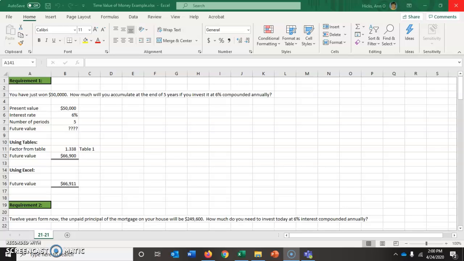What the concept of time value of money revolves around is the fact that your return is compounded, maybe annually, maybe semi-annually, maybe quarterly. In our examples here, we're focusing totally on annual compounding, just to simplify things.